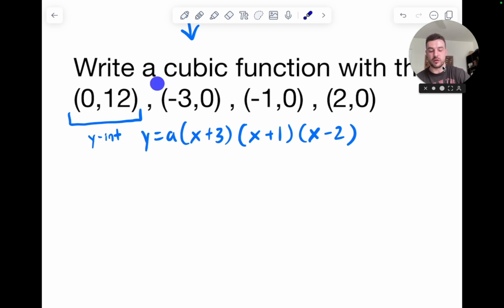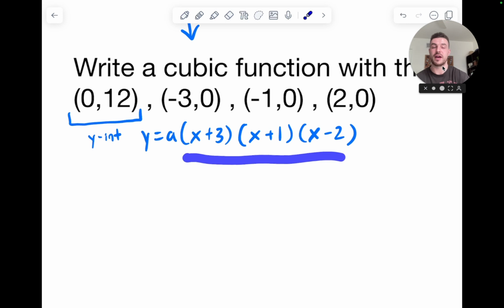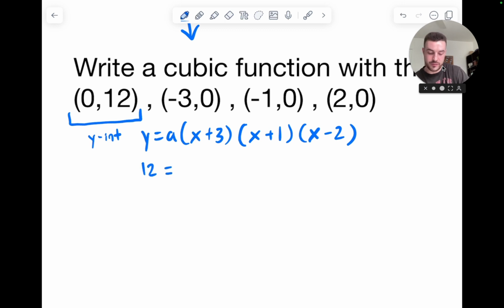We only know that we're going to go through these x-intercepts, which we have in our factors here. Now, because we know we go through the point 0, 12, we can find out what that a value is. So if I take the y value, and then I plug in the x value that I know I am given of 0 here, I can plug it in for each of my x values in my factors.